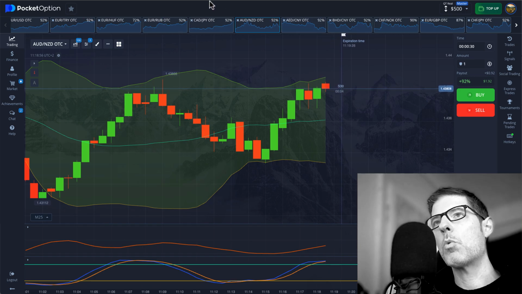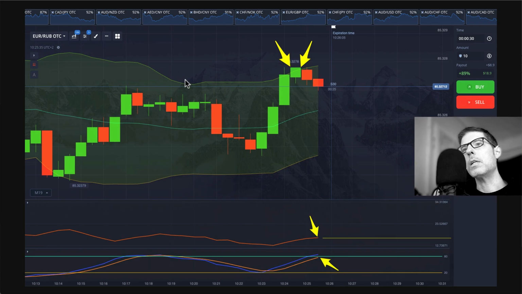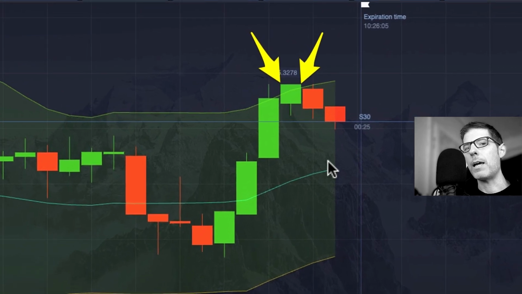Now, the way this works, you're going to be using the Bollinger Bands, the ADX indicator, and also the stochastic oscillator, which is also going to be added to the chart. What you're looking for here is you're waiting for one of these candlesticks to break outside of the Bollinger Bands.